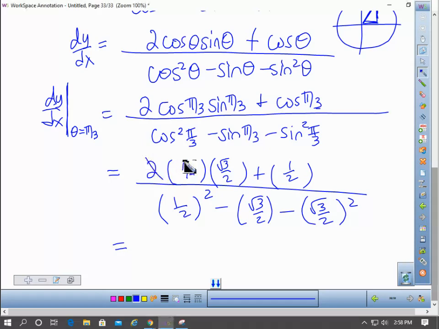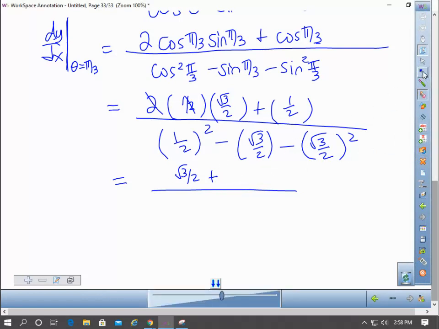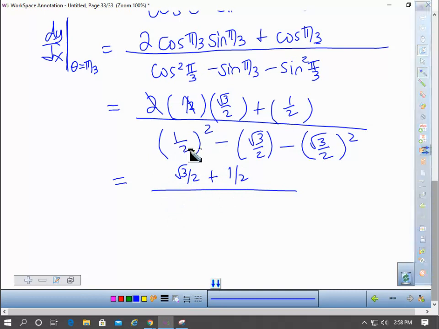So 2 times 1/2 cancels. So I basically have here radical 3 over 2 plus 1/2. And in the denominator, 1/2 squared is 1/4, minus radical 3 over 2 squared, which is 3/4.